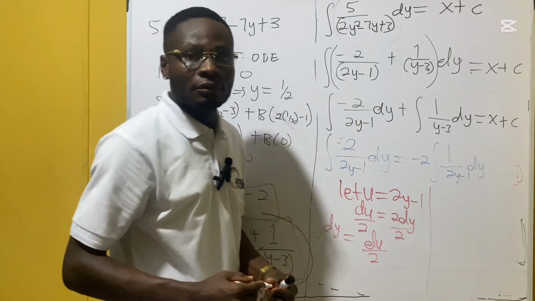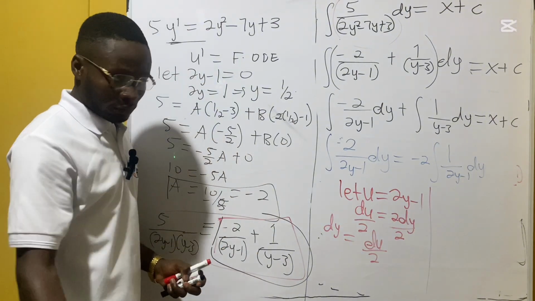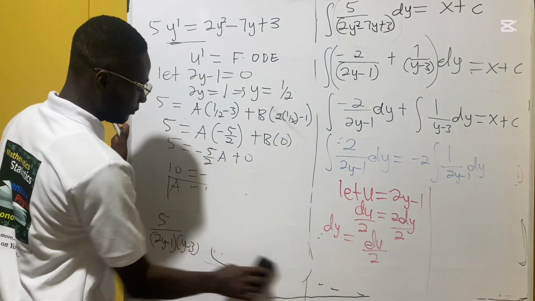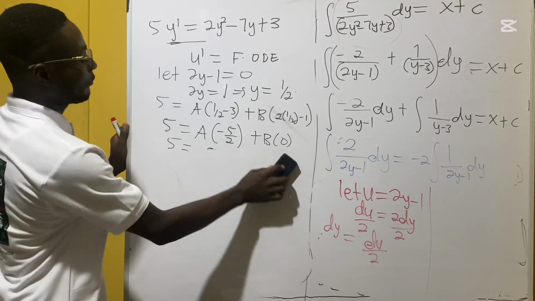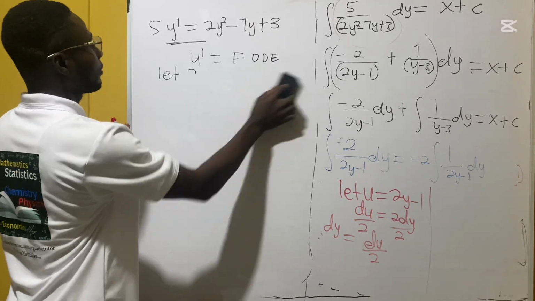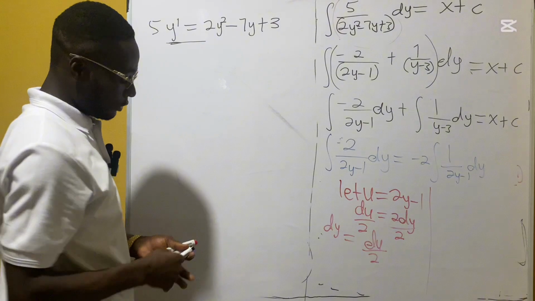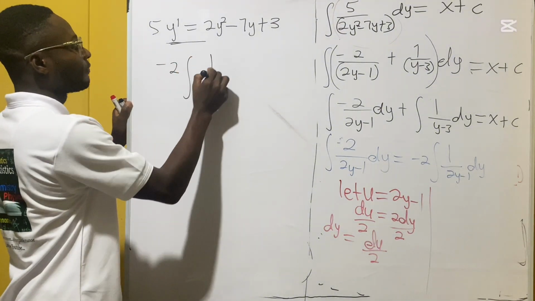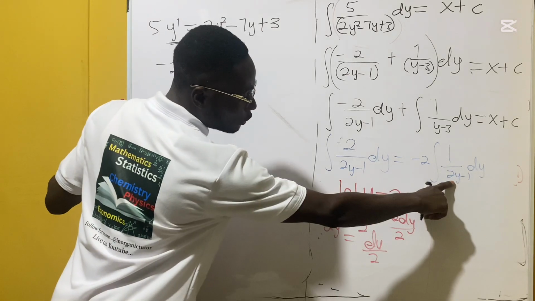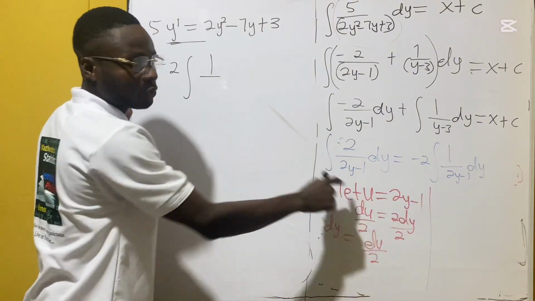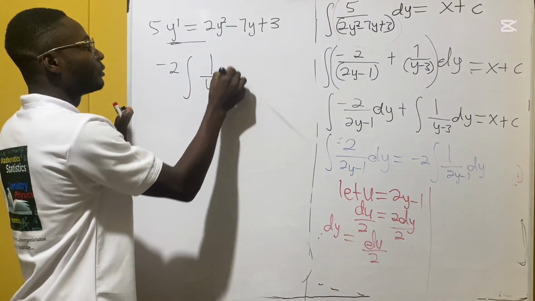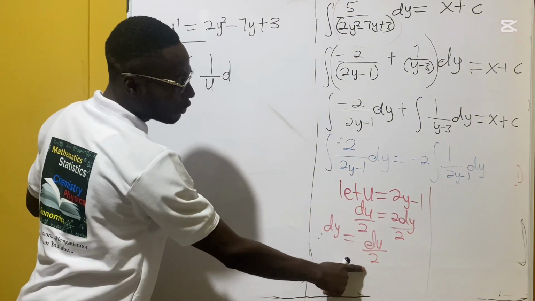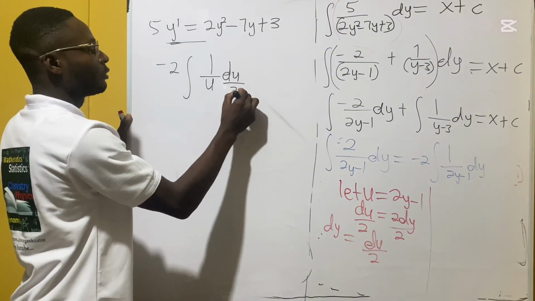So we have negative 2 integral of 1 on 2y minus 1, which is now u. So we have 1 on u du. Now dy is now du on 2, right?